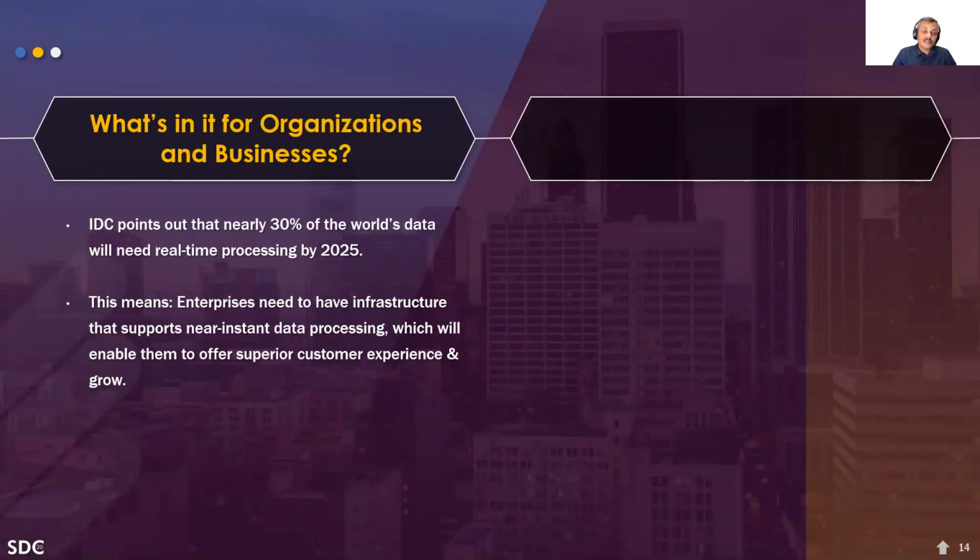Now, talking about the businesses, the organizations, from the organization perspective, how does it help them? There is an IDC report which says that nearly 30% of world's data will need real-time processing by 2025.